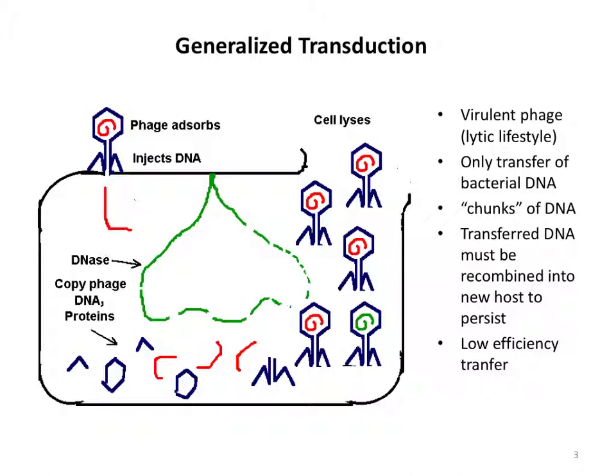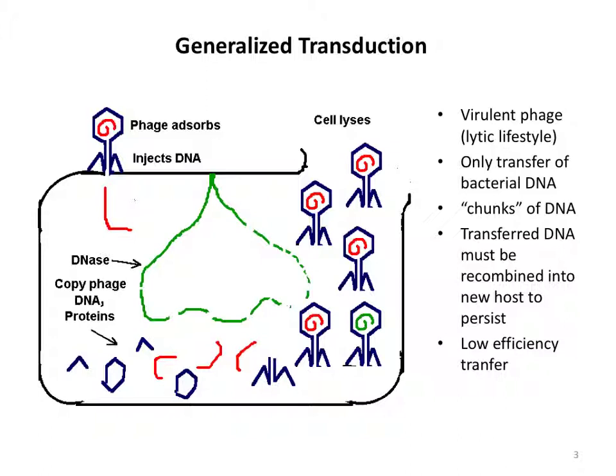Earlier in class, we looked at bacteriophage, and we looked at their two types of life cycles. We talked about bacteriophage that use the virulent or lytic lifestyle only, and we talked about those that are temperate. In other words, they can switch back and forth between lysogeny and lytic lifestyles.